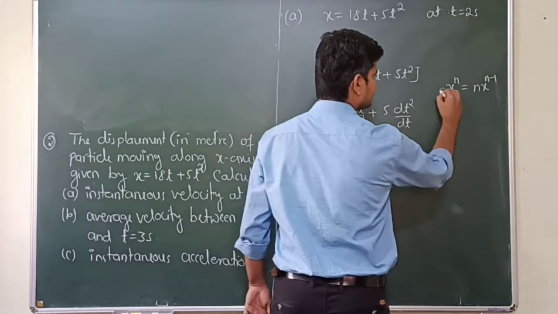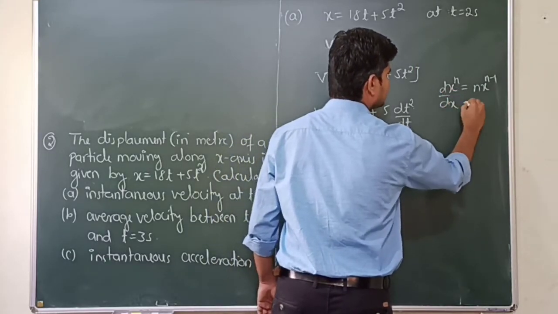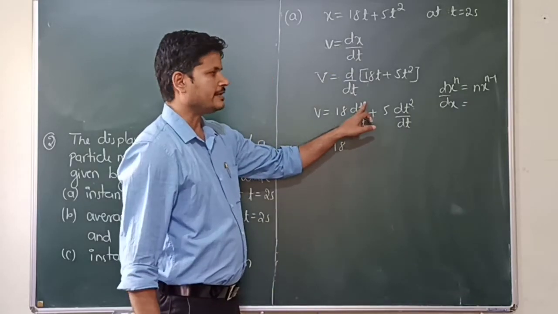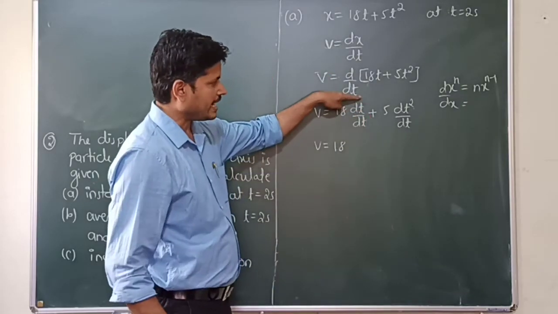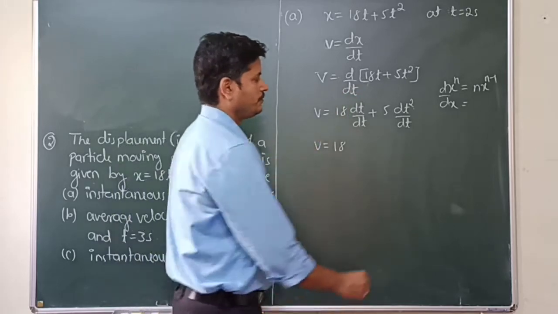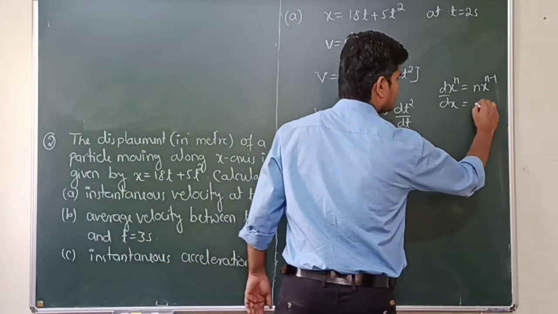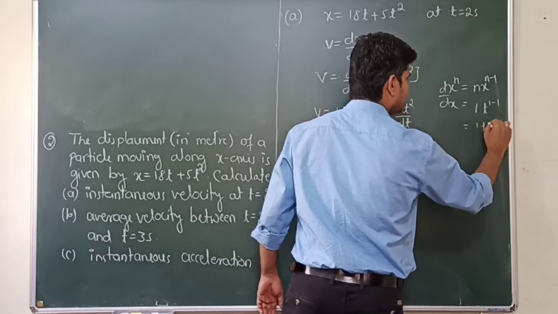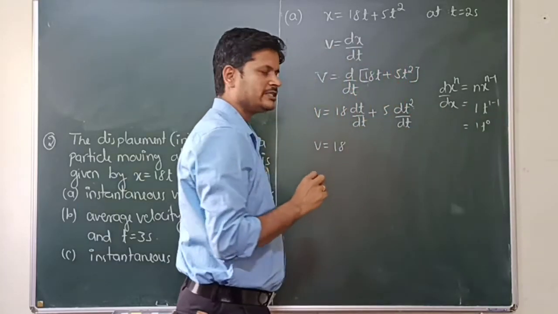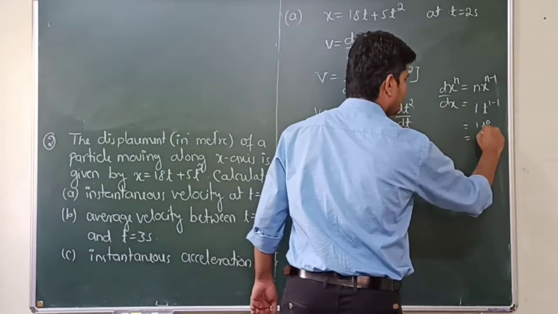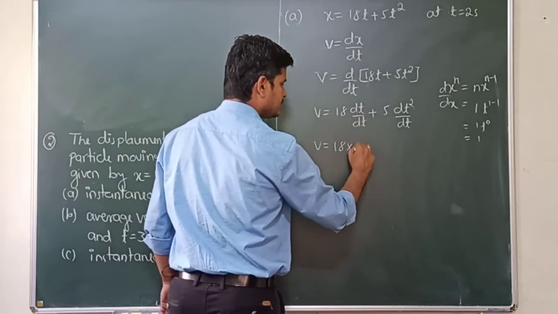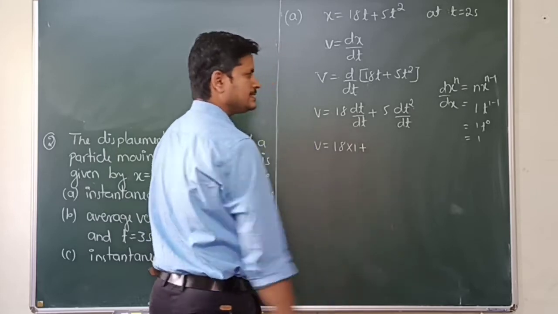In the place of n here, what is there? 1. If nothing is there, we have to take 1. 1 t raised to 1 minus 1, 1 t raised to 0. Anything raised to 0 is 1. 1 into 1, 1. Correct? Therefore, dt by dt is 1.